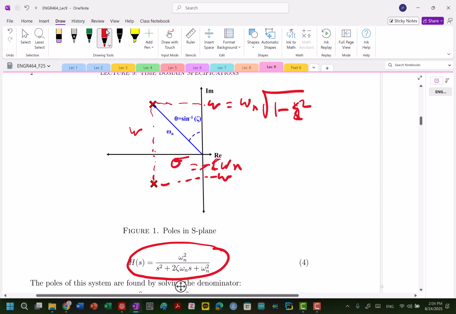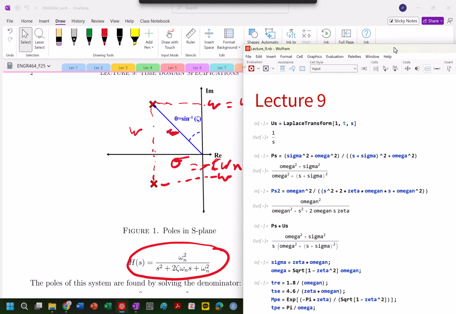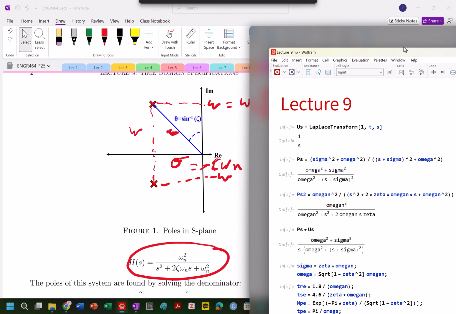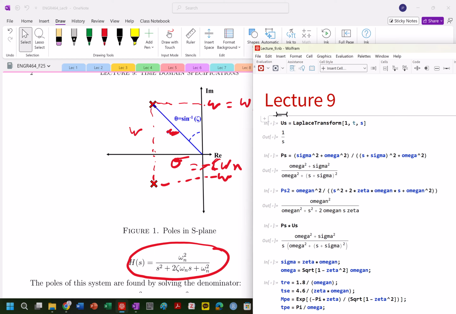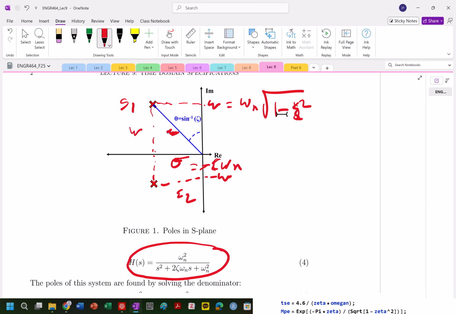We can actually define, if we didn't know what this is, let's set this up. So we can define this right triangle. If I want to find out what that hypotenuse is, I can write it in terms of omega and sigma, but that's not really helpful. But when we know omega n, I'm going to call this side 1 and side 2.